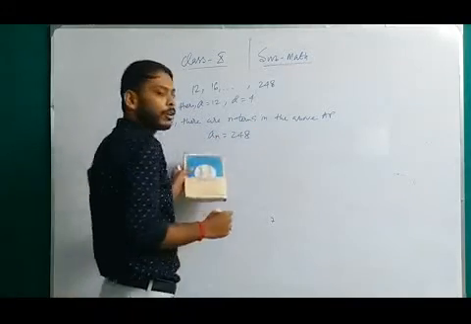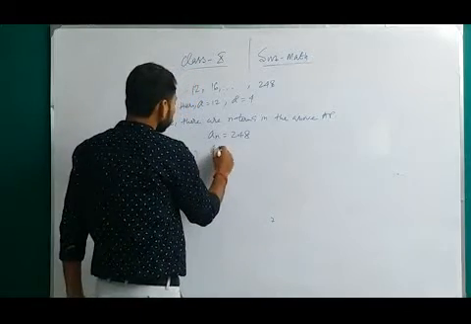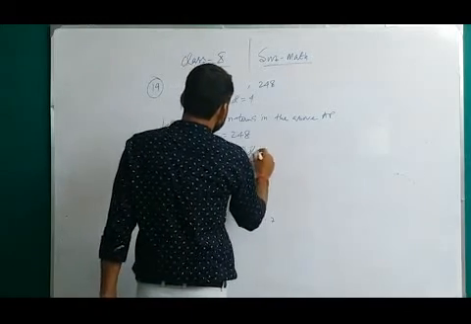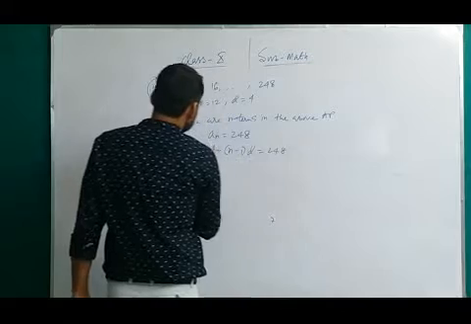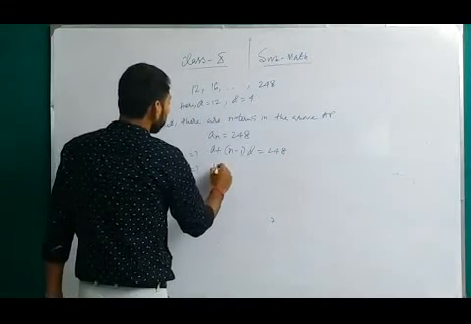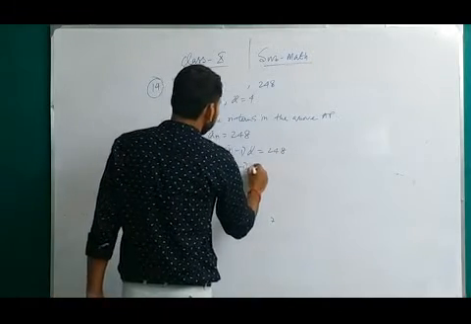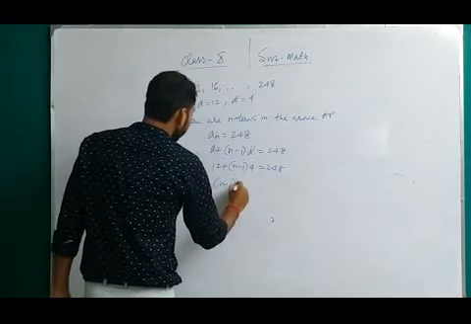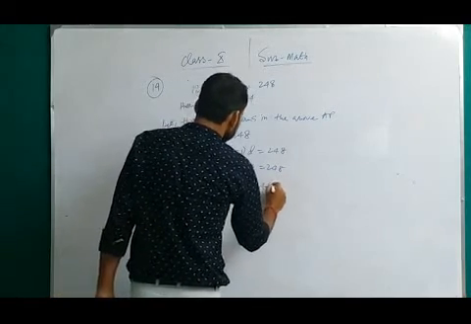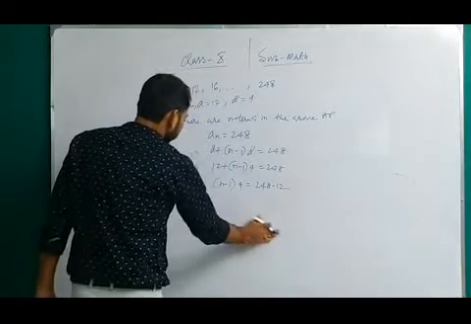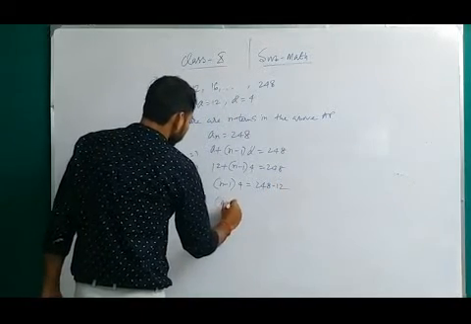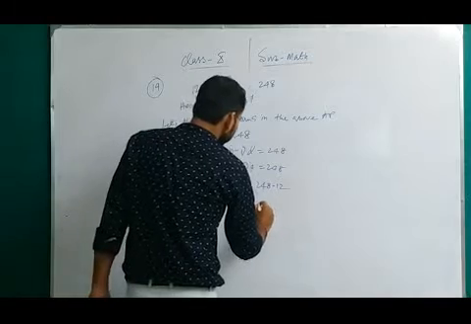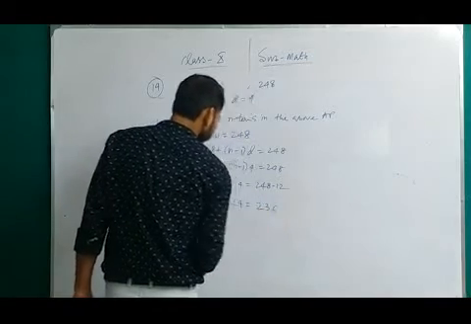Now we will use the formula a plus n minus 1 into d equals 248. Now I will put the values of a and d. So 12 plus n minus 1 into 4 equals 248. That means n minus 1 into 4 equals 248 minus 12. That means n minus 1 into 4 equals 236.